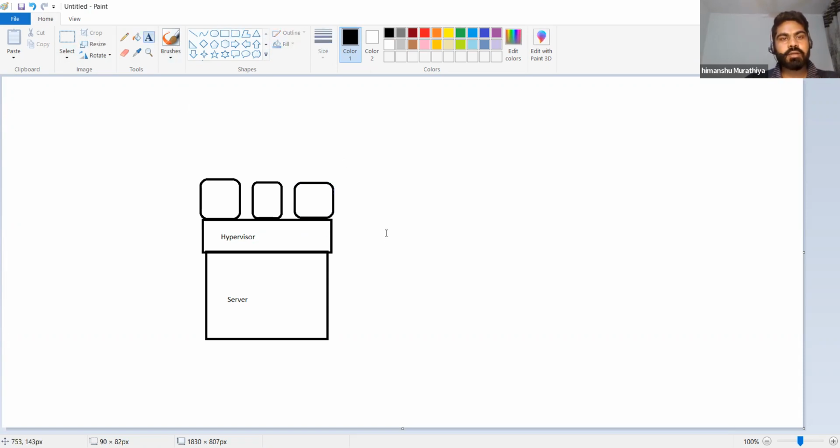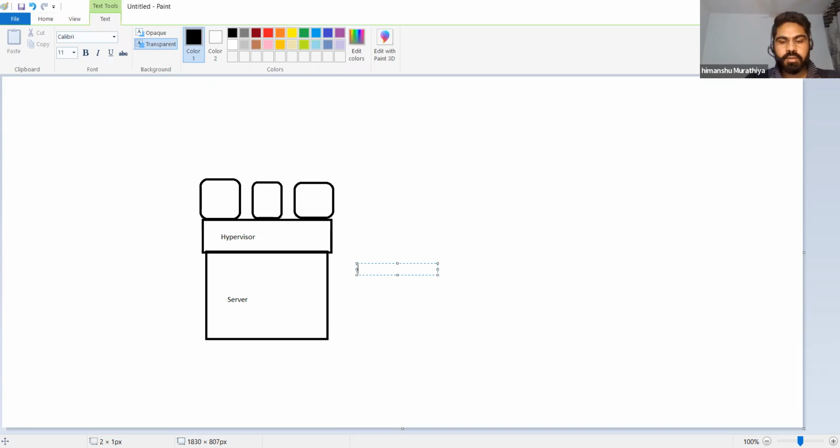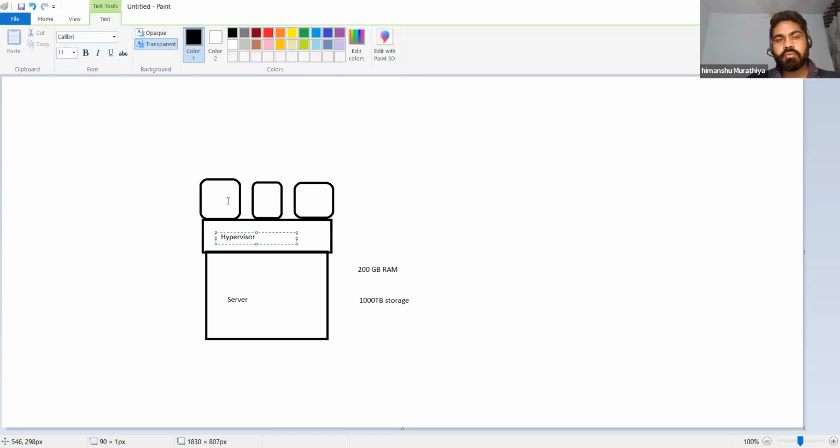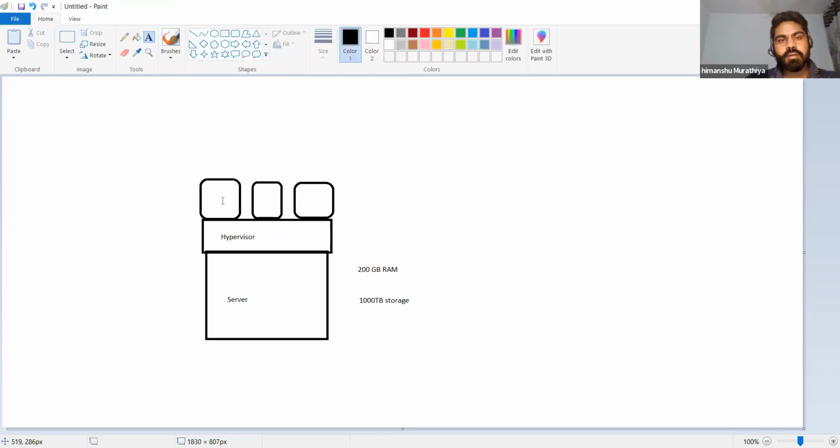Suppose this was 200 GB of RAM and 1000 TB of storage. With the help of this hypervisor, we can create multiple servers.